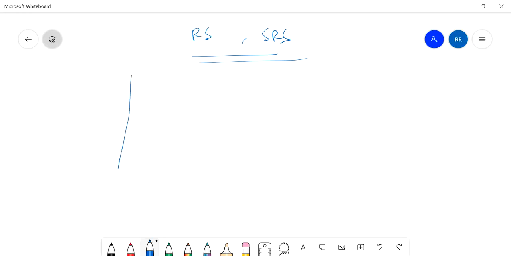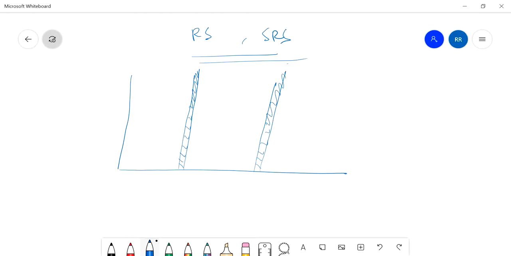Suppose this is the resource grid, wherever they are, they will go on the complete frequency, the full resource grid, the full frequency domain. That is the sounding RS signal in the uplink.